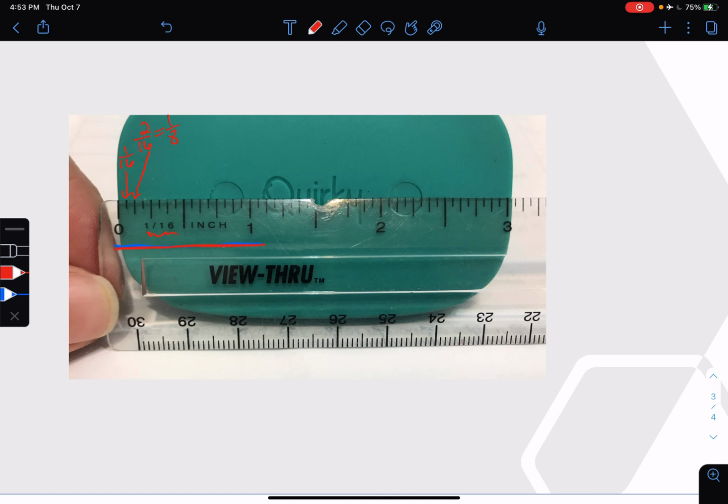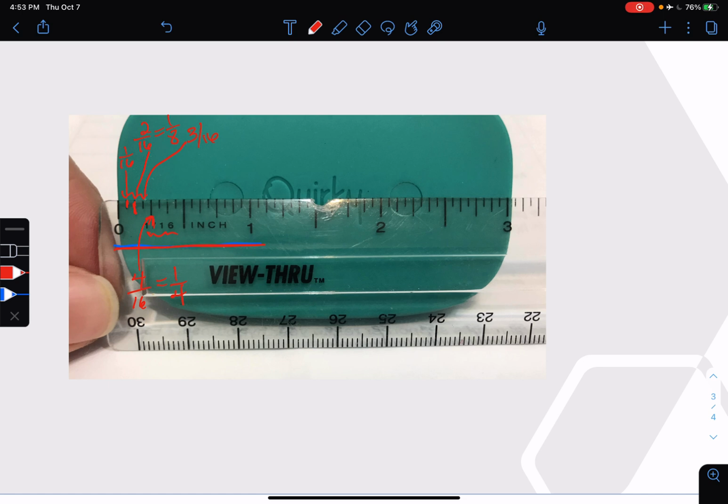And notice how the 8th, that dash is a little bit longer than the 16th. And the next one, that is 3/16. And then the next one right here, that one is 4/16, which reduces to what? To 1/4. Okay, so that longer one right there, that is 1/4 of an inch.